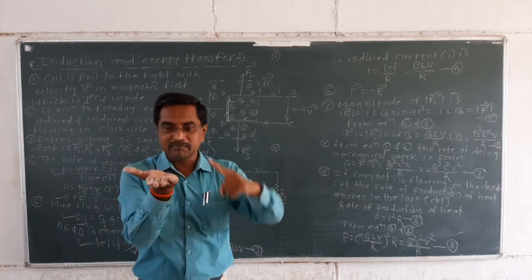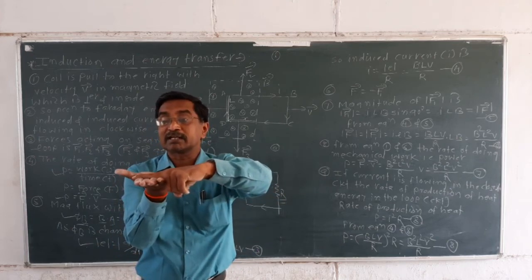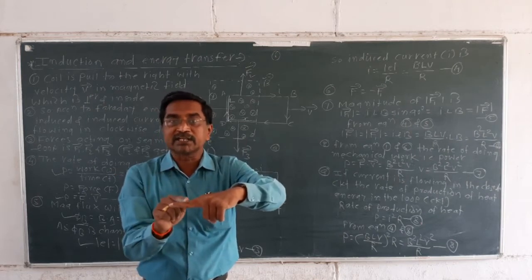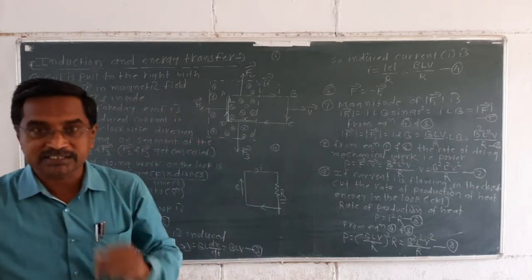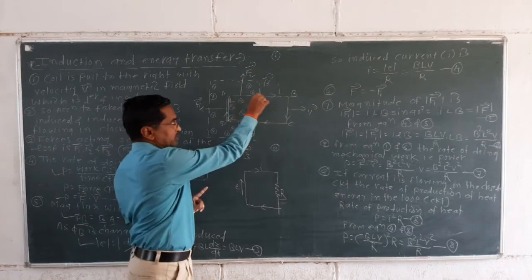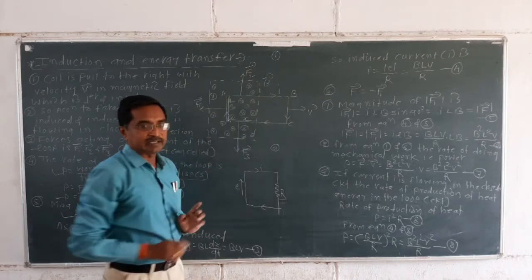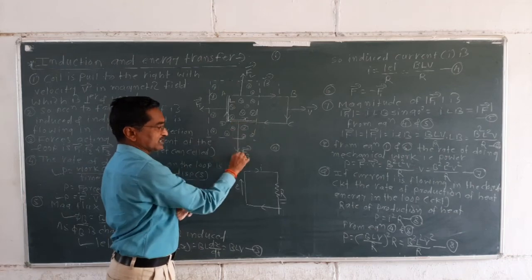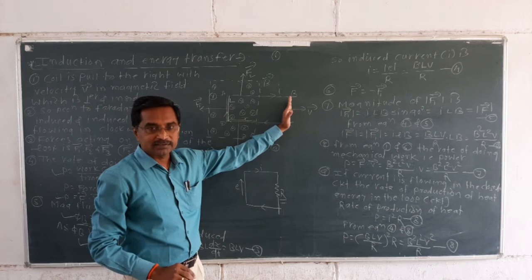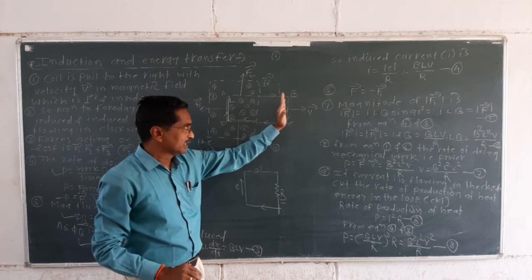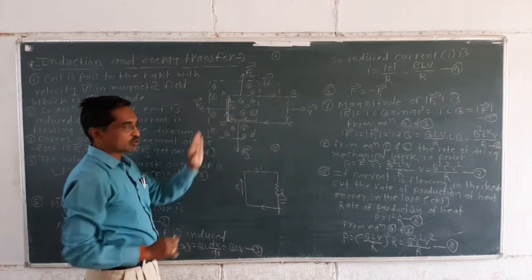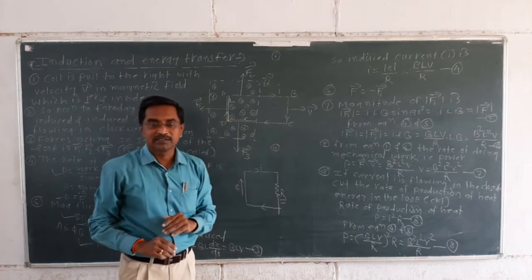What happens? A force acts on this current carrying conductor, as you have already seen in the previous chart. So the force F acts on this side, and the force F acts on this side. No force acts on this segment because it is not in the magnetic field.